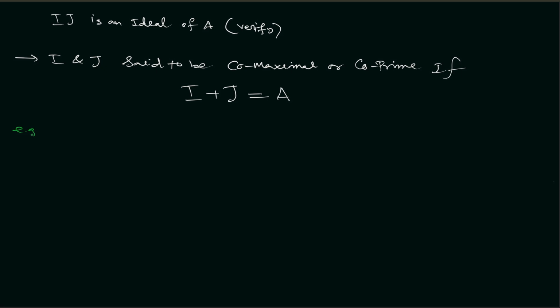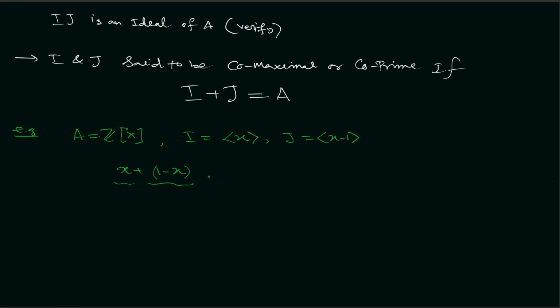I can give you an example. Suppose your ring A is Z[x], the polynomial ring over Z, with coefficients from Z. You have an ideal I generated by x and J generated by x minus 1. You can see that x is an element of the ideal generated by x, and 1 minus x is an element of the ideal generated by x minus 1.